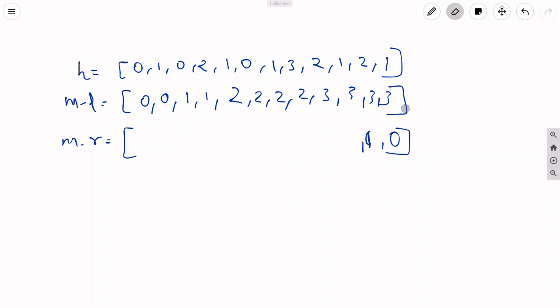All right, let's write it correctly. 1. Then 1 comma 2 would be 2. 2 comma 1 would be 2. 2 comma 2 would be 2. 2 comma 3 would be 3. And then it will all be 3.